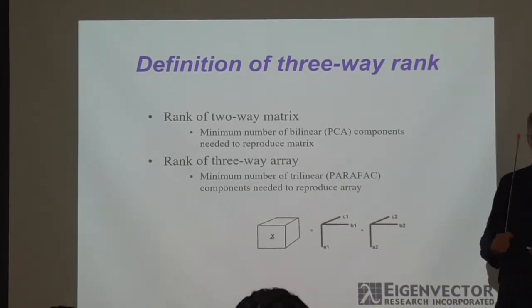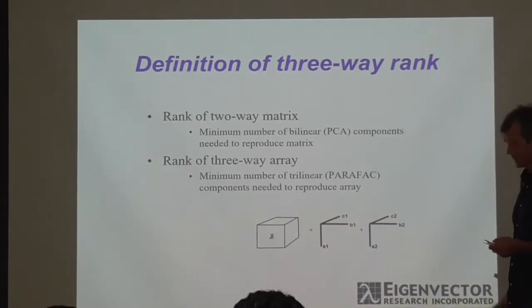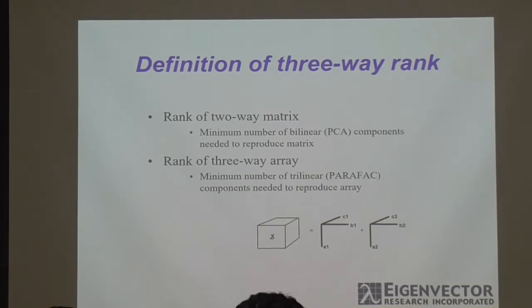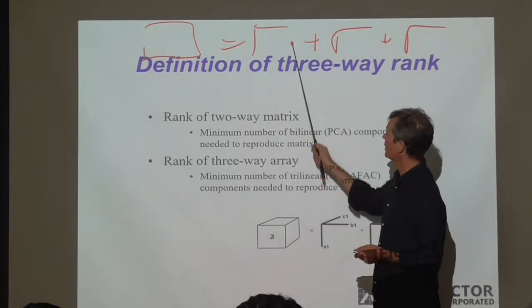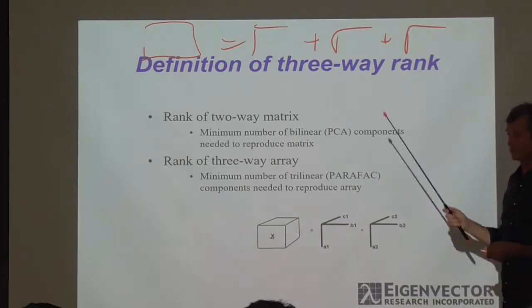So it's kind of similar. But there are some very important differences in how a Parafac and a PCA model work. I don't know if you're familiar with the properties of the PCA model. This is a really beautiful picture of a PCA model. It's called component number 1, 2, and 3.